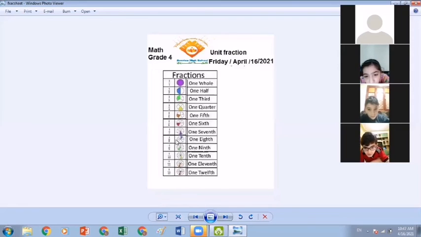We add th at the end of the number, so it is 1/8. If we divide a whole into 9 parts, and one of these parts is shaded, the fraction will be 1 over 9 or 1/9.